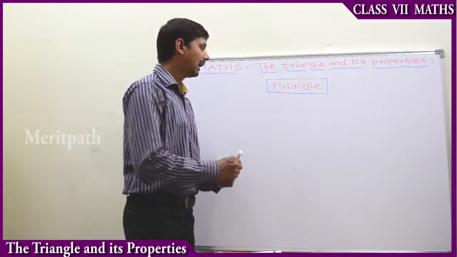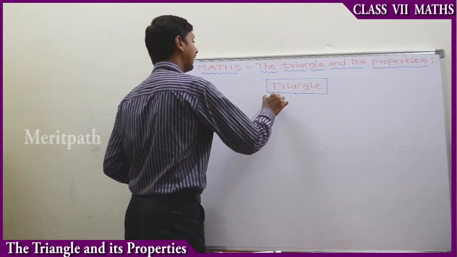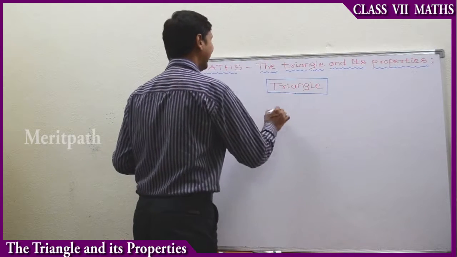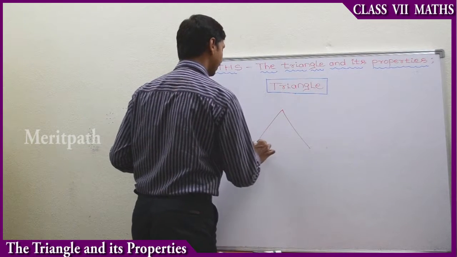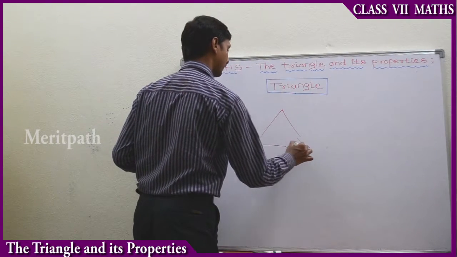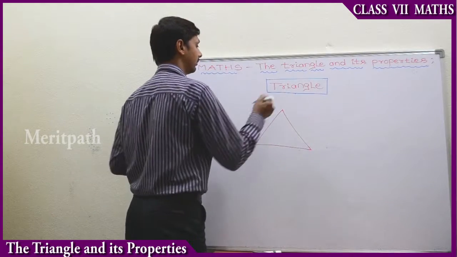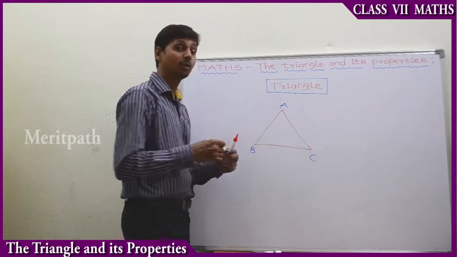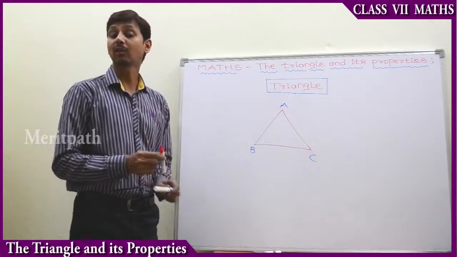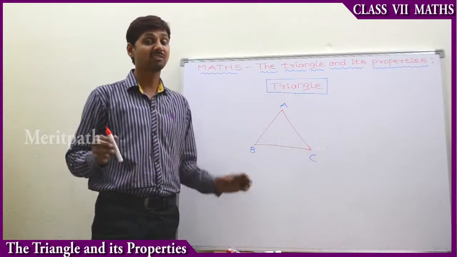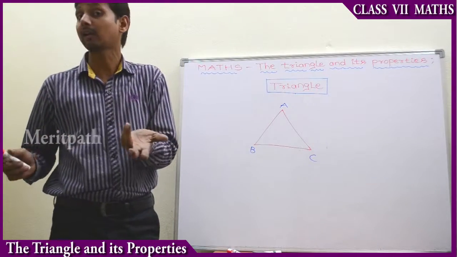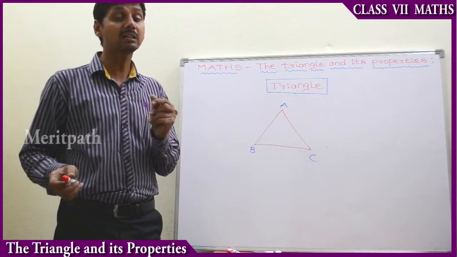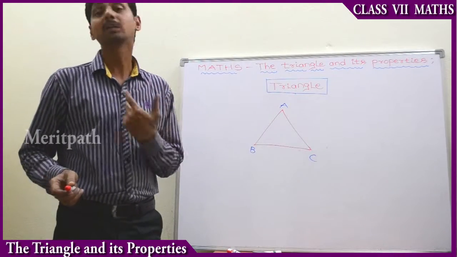We discussed the equiangular triangle, that is, each angle of a triangle is equal to 60 degrees. We have discussed each interior angle of a triangle. Up to now we have discussed only the interior angles of triangles, and we say that the angles of a triangle are nothing but the interior angles of the triangle.